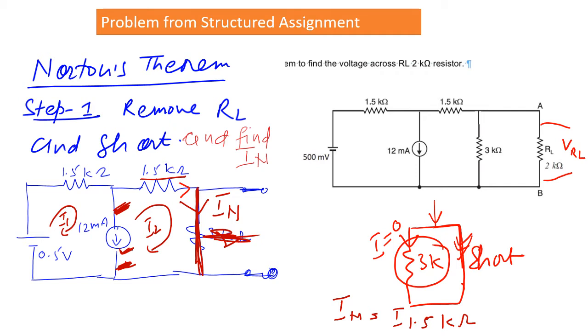So now actually here I am going to use the super mesh. What is this super mesh?